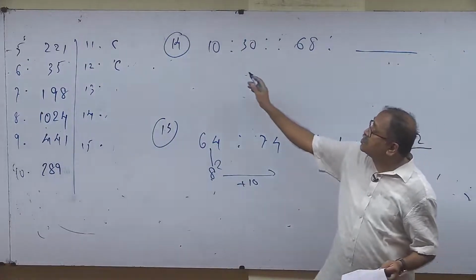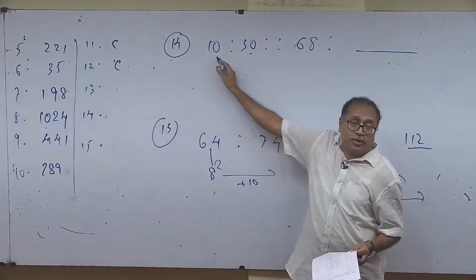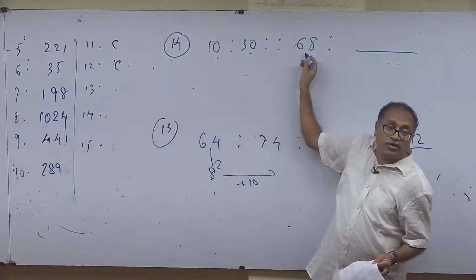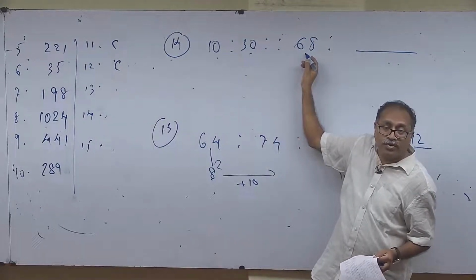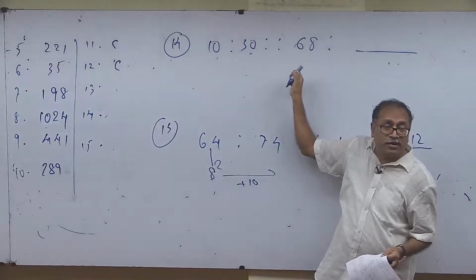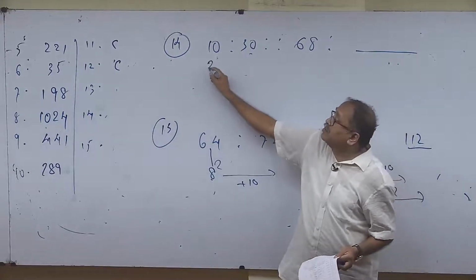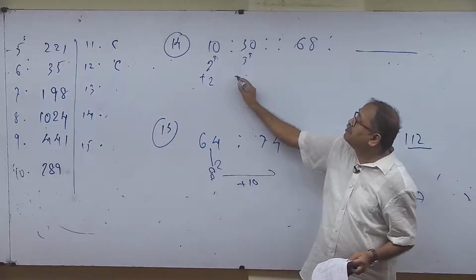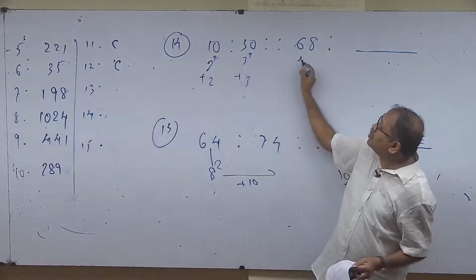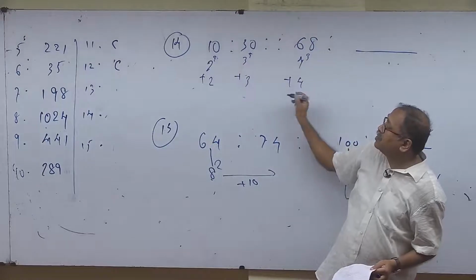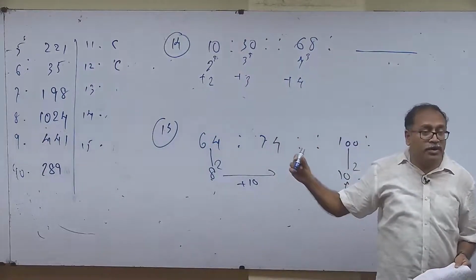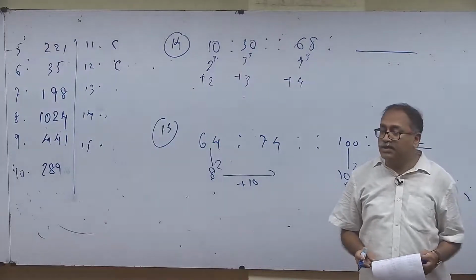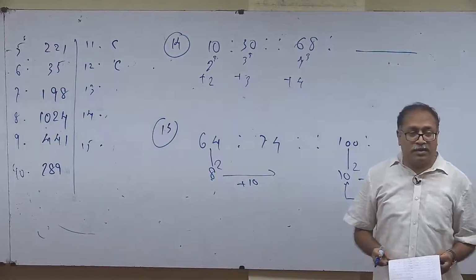See these two numbers, I know 2 cube is 8, I know 3 cube is 27. I know 4 cube is 64. Now something strikes in your mind, that is 2 cube plus 2, this is 3 cube plus 3, this is 4 cube plus 4, 2 and 3, 4 and 5. So 5 cube 125 plus 5 is 130.